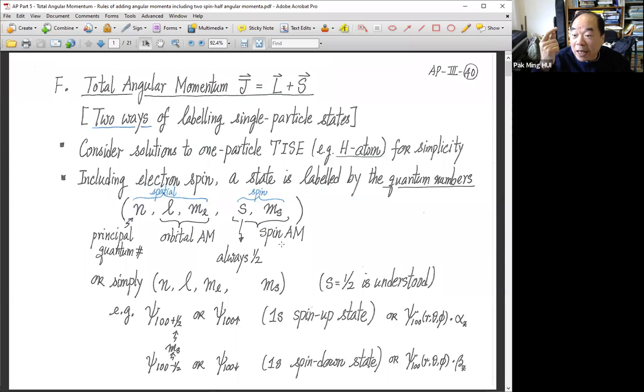But for a single electron, the magnitude square of the spin of an electron is a boring half quantum number. It means the following: the S magnitude is always a constant.